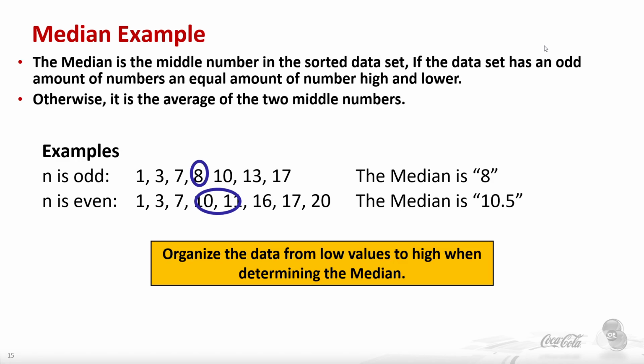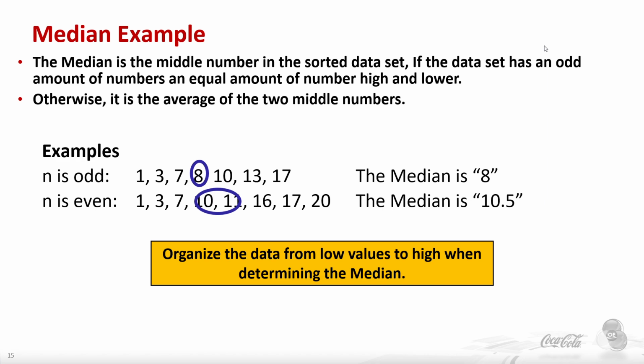For the median, we have to arrange our data in ascending order, smaller number first and the largest number at the end. Then if the number of items in our data is odd, the number in the middle is simply the median.